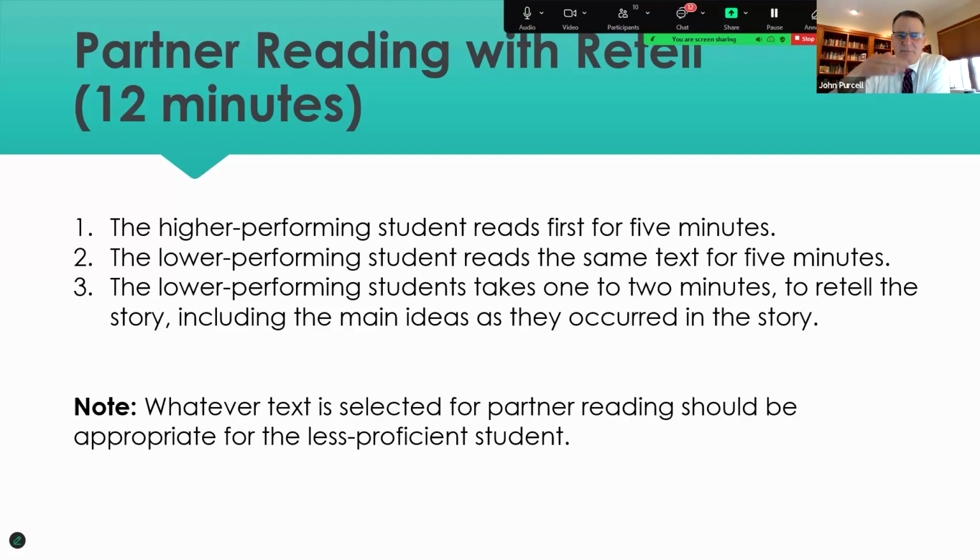Those are resources where, when I talk about setting up procedures, what you might consider is having folders. For retell, you set the procedure that if you have students A and B, A is your higher performing student. Student A always picks up the folder, or they alternate. Here's where we meet. We have the queuing cards on one side.